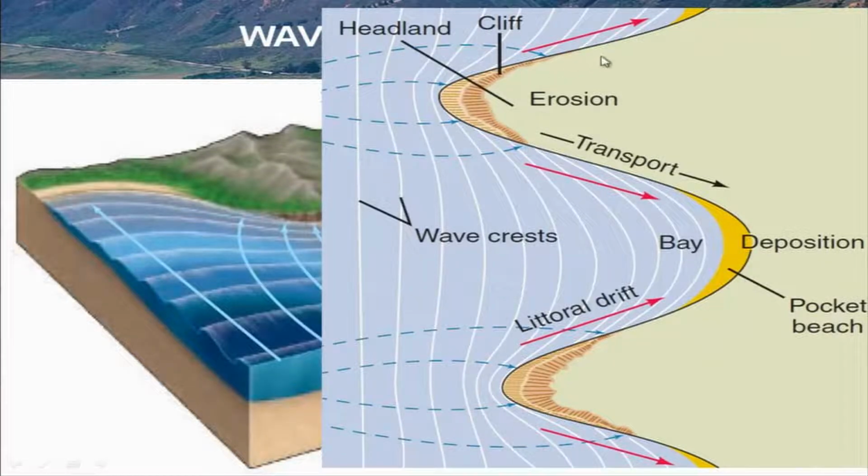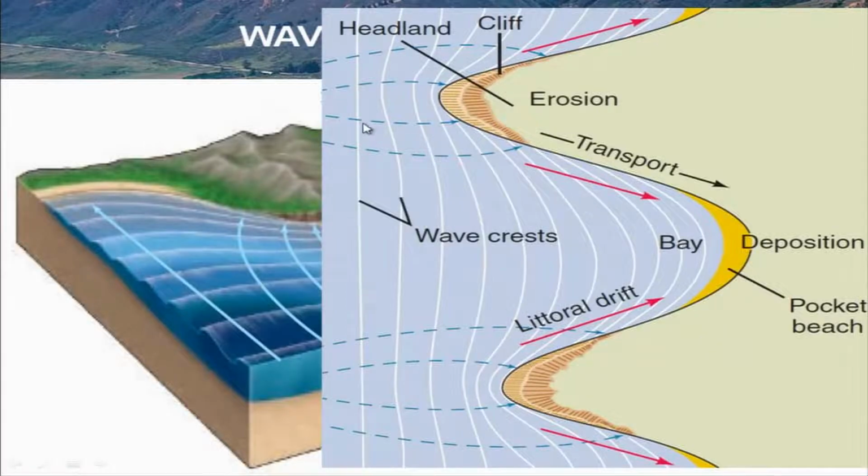You have a sharp peak here, which is directly affected and results in erosion, whereas this region is slightly the bay area or the pocket where deposition will take place and result in the formation of beaches.